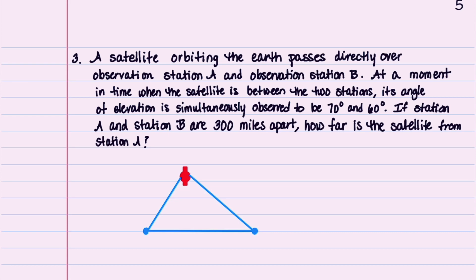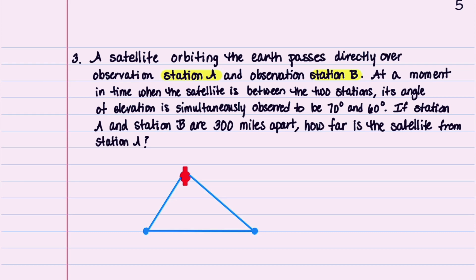We have a satellite orbiting the Earth that passes directly over observation station A. So we'll highlight station A and observation station B. At a moment in time when the satellite is between the two stations, I've drawn a picture that kind of shows us that.